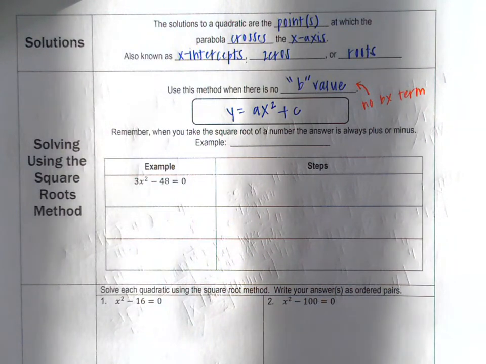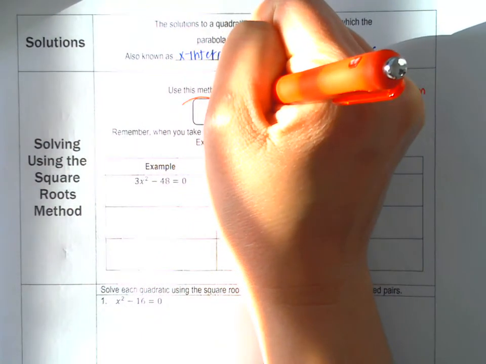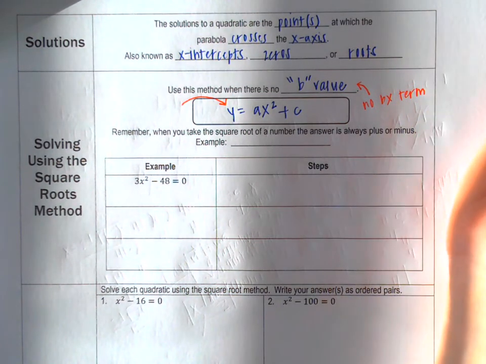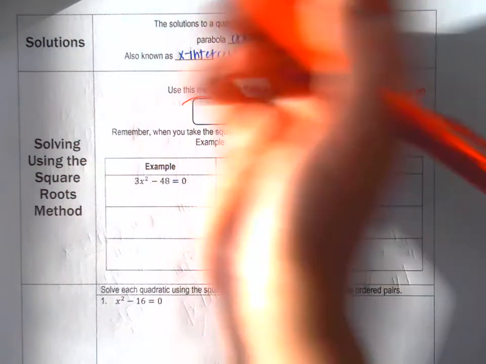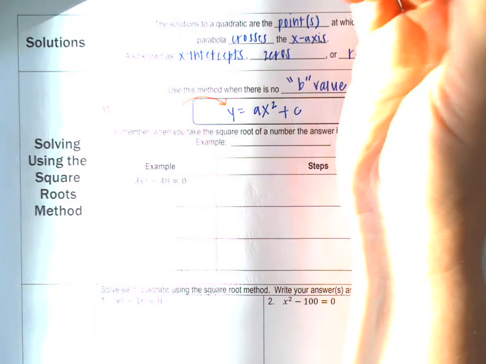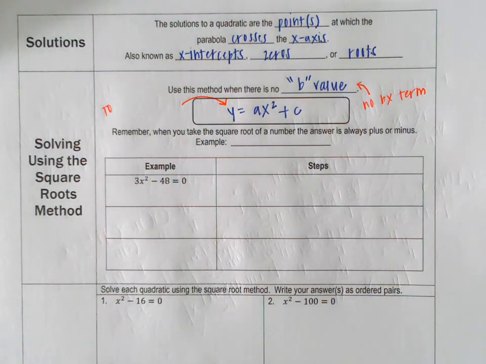And then, of course, as we all know, with solving using any method, just like with factoring, to solve, we set y equal to 0 and solve for x. That's always what we're doing when we're finding our solutions or x-intercepts. Oh, that light is super bad. I fixed it.